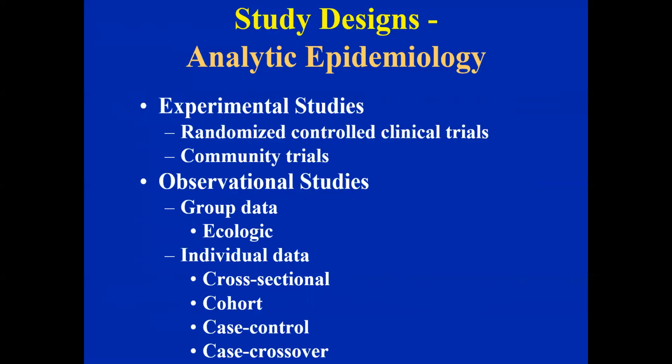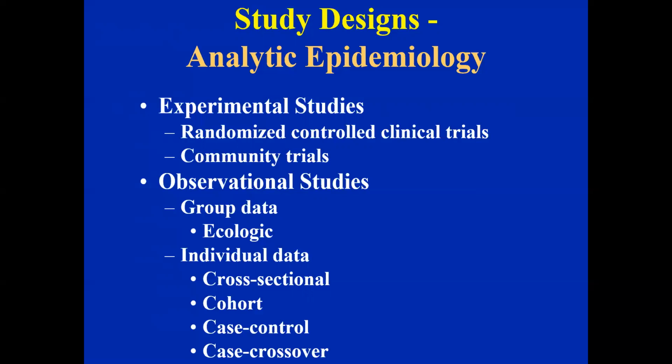So remember, in terms of study participants, you can study people at individual level, or you can study participants at group level, where you're studying a group. If you're studying individual level for observational studies, we have our cross-sectional studies, our cohort studies, our case control studies, and our case crossover studies.